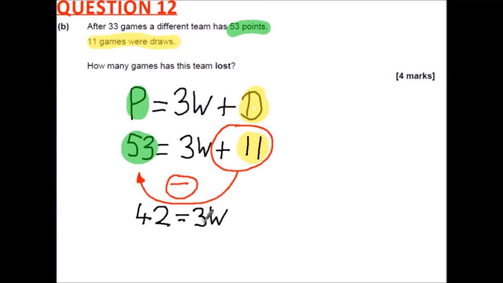So the 3 here with a W, the 3 is multiplying the W. We want 1W. So if that 3 is multiplying the W, the opposite of multiplying is dividing. So if that 3 moves across, it'll swap to a divide. And so W will equal 42 divided by 3. So it's a case of how many 3's fit into 42.